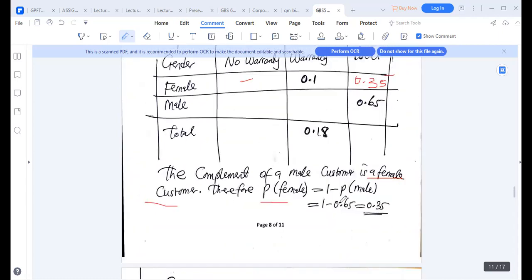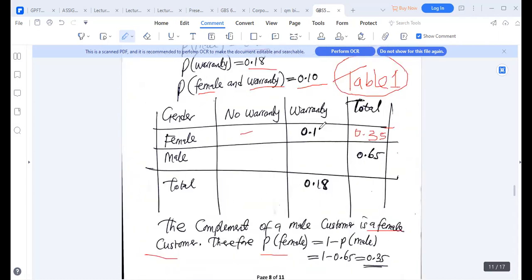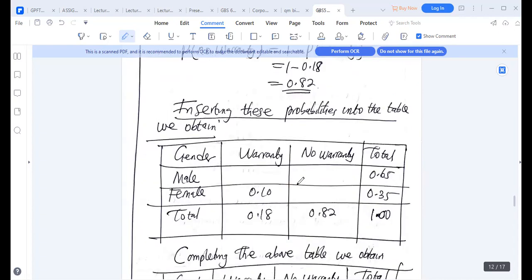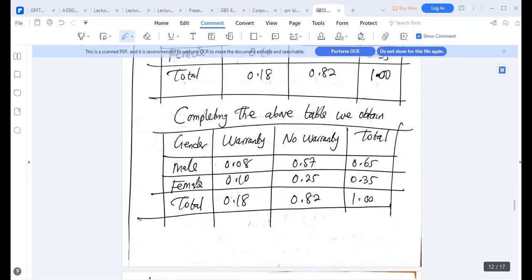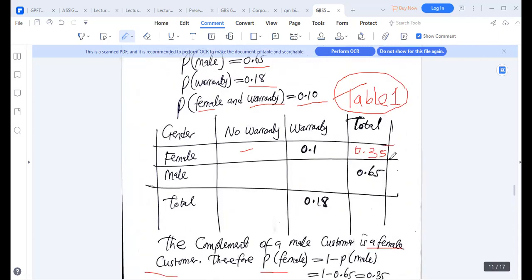So female and no warranty will be the subtraction: female and no warranty is 0.25, such that with female and warranty at 0.1, the total gives us 0.35.